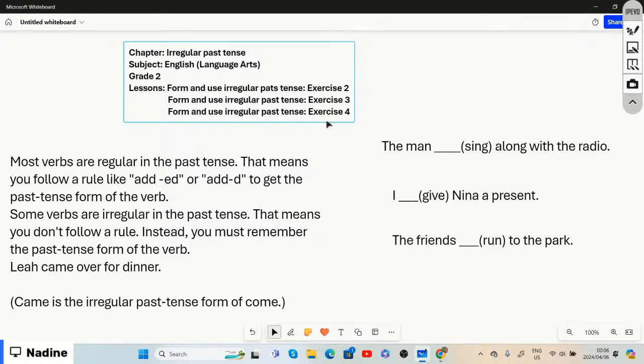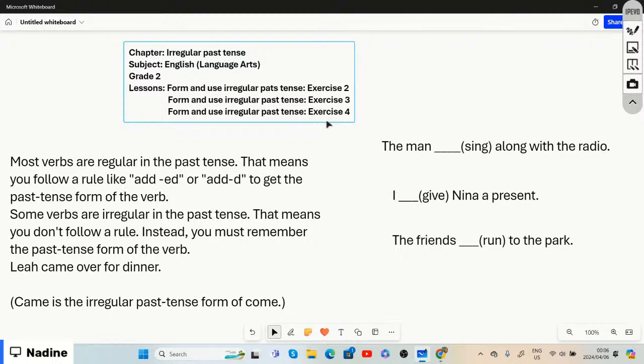All right. When it comes to irregular past tense, most of the verbs are regular. They follow rules.